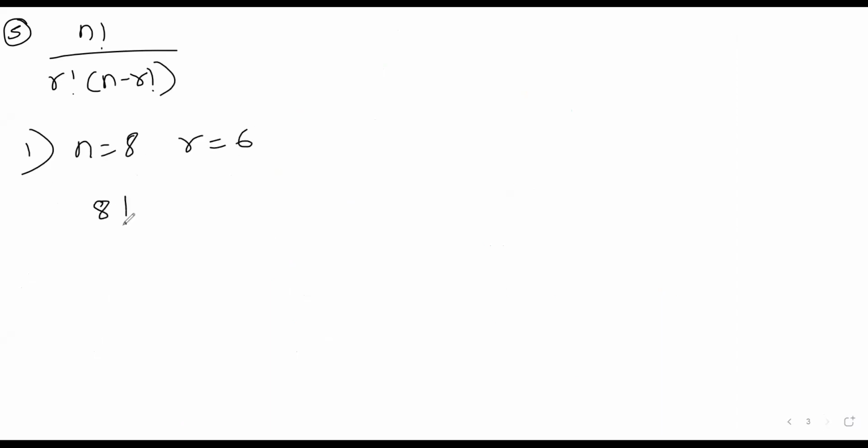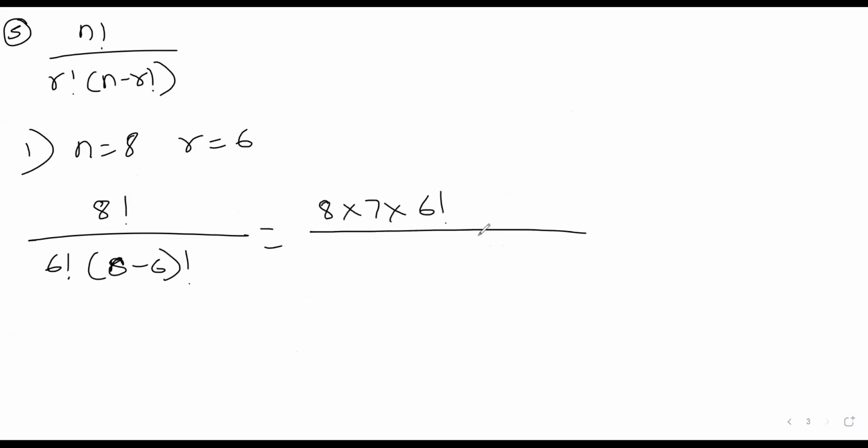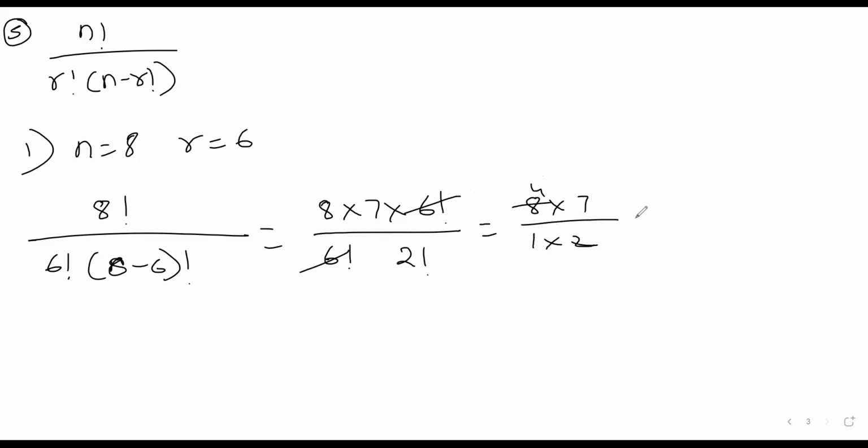So I can write it as 8 factorial upon 6 factorial, 8 minus 6 factorial. I can write 8 factorial as 8 into 7 into 6 factorial upon 6 factorial, and 8 minus 6 is 2 factorial. This will get cancelled. So it is 8 into 7 upon 1 into 2. Your answer is 28.